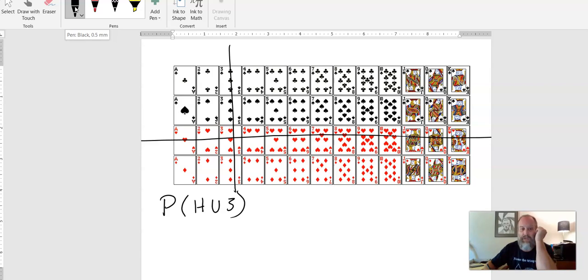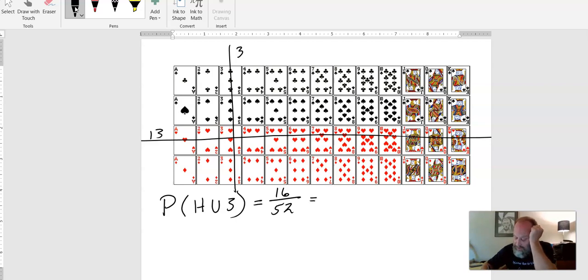And so we have to be real careful. There's 13 in this row, and then I have four in this row also, but this one's already been counted. So that's actually only three new cards. That means there are 16 different ways that I can get a heart or a three out of 52.